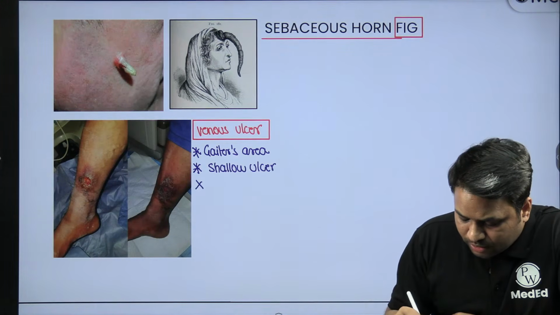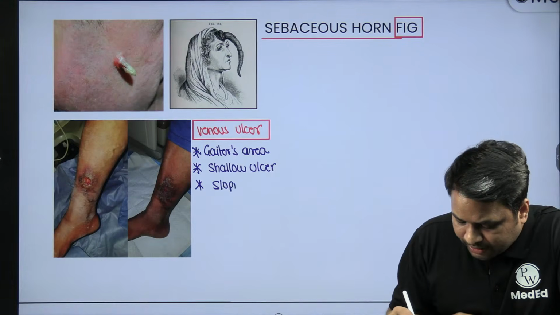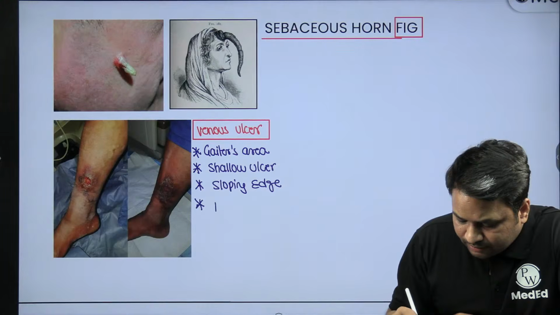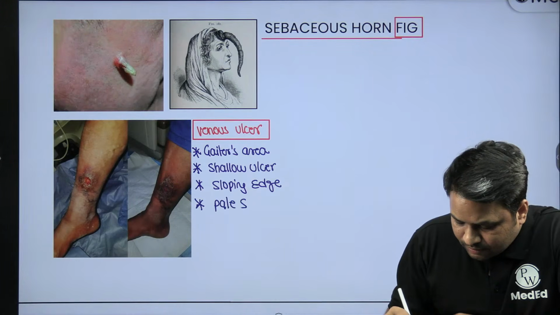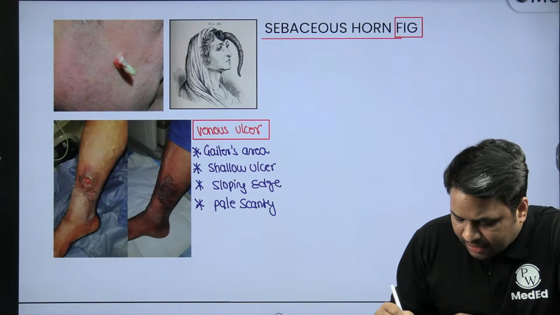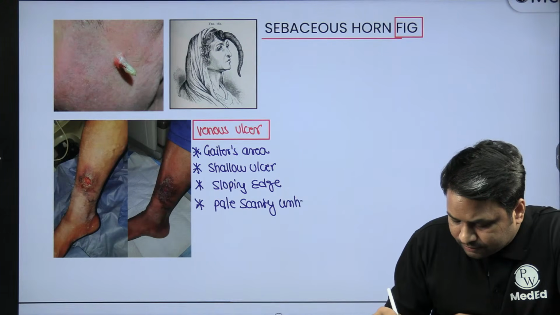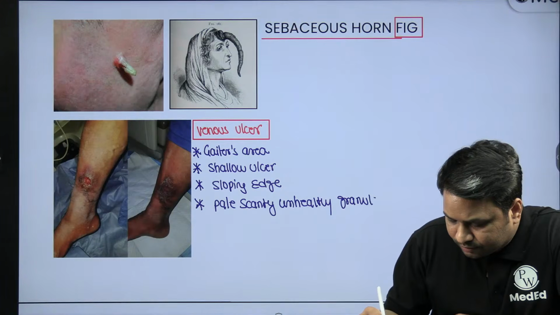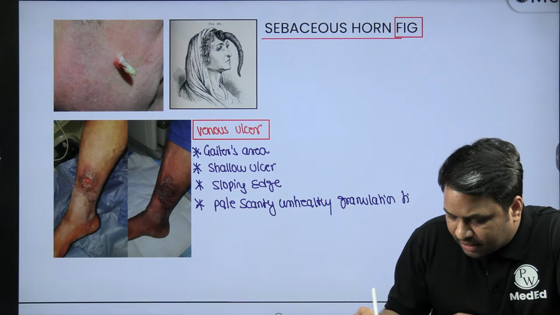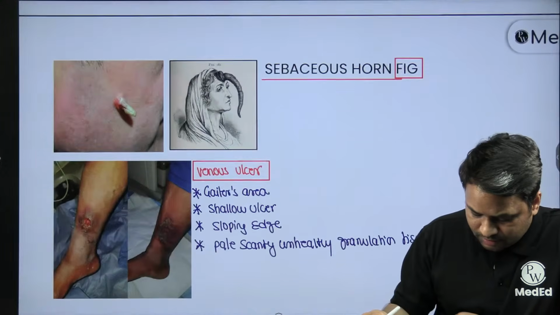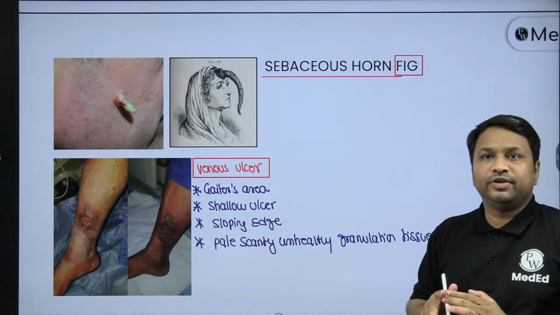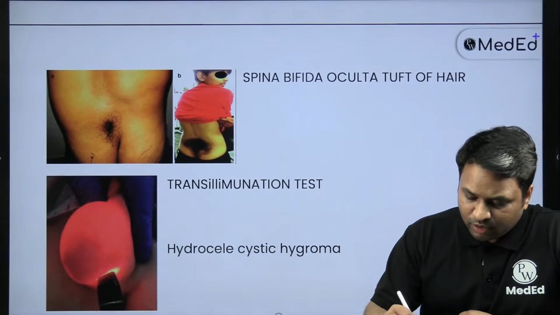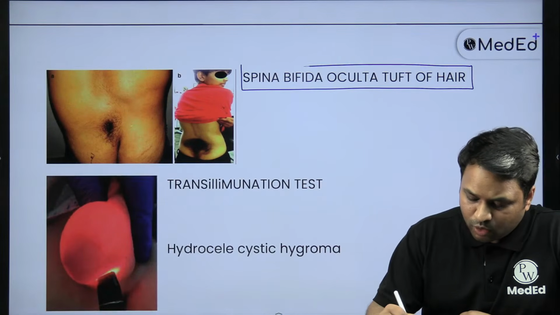It has a sloping edge and there is pale, scanty, unhealthy granulation tissue. These are the characteristics of your venous ulcers. Now, if there's a tuft of hair on the back, it is spina bifida occulta.